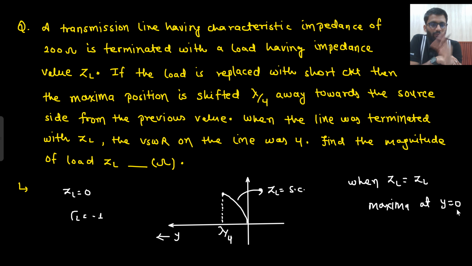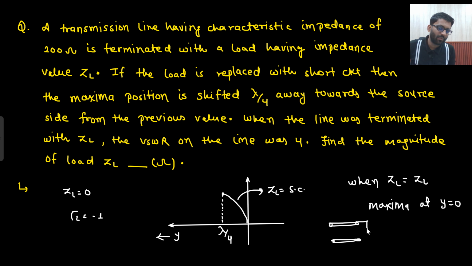And what else information are they giving? When the line was terminated with ZL, the VSWR on the line was 4. Find the magnitude of ZL.